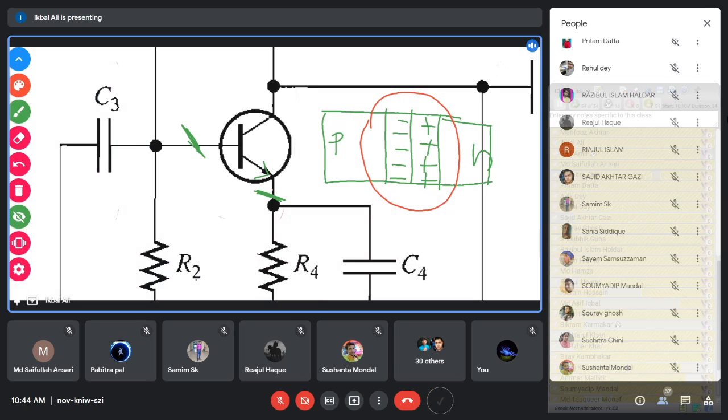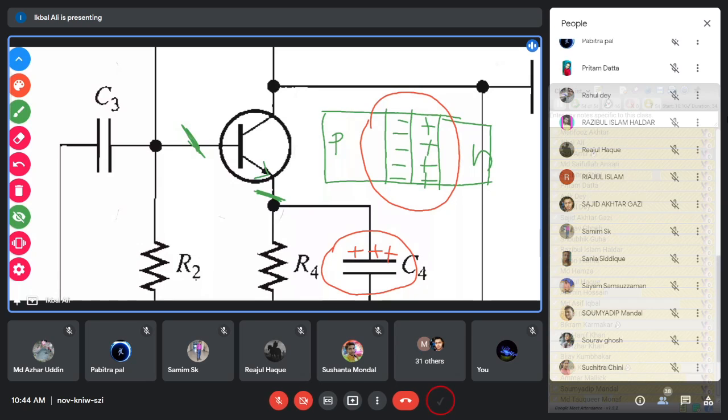If you have a parallel plate capacitor, then what happens? This is an example of a parallel plate capacitor, the symbol of a capacitor. What is a parallel plate capacitor? One plate contains the positive charges. If the upper plate contains the positive charges, then the lower plate will contain the negative charges.